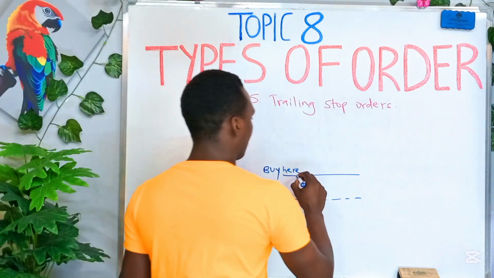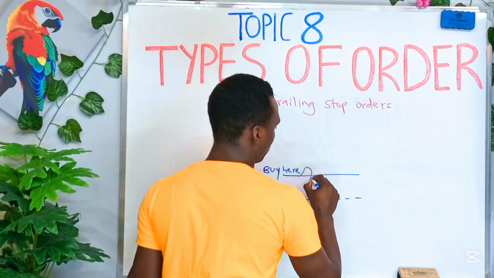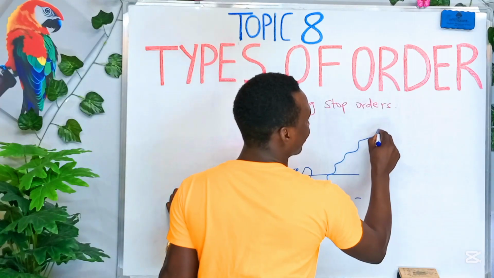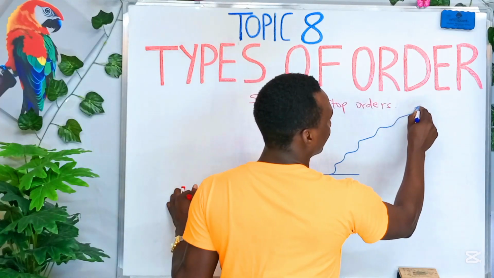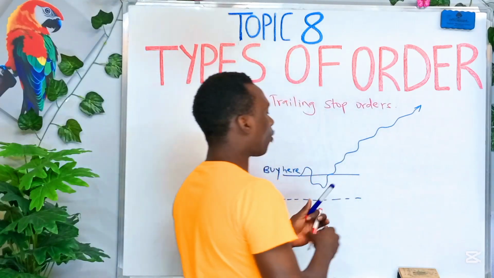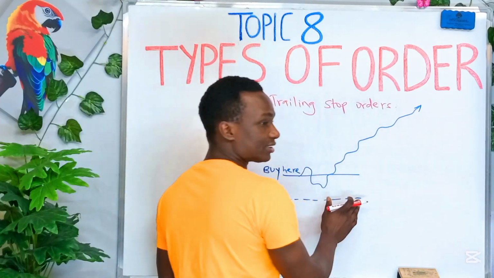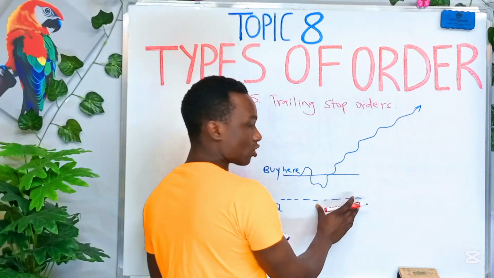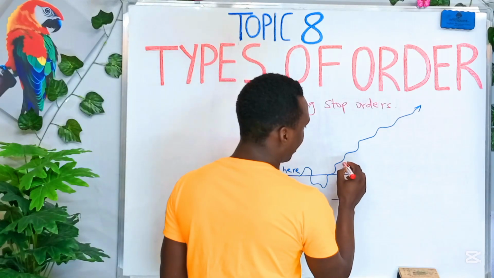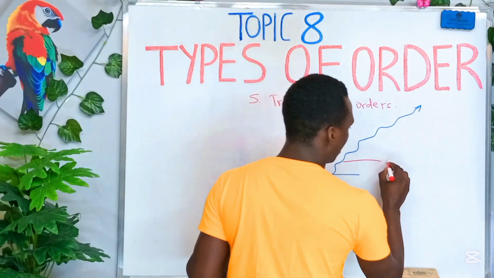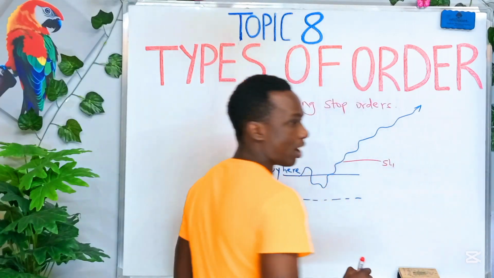Okay, the market decides to do this, and it is rallying above. Okay, so what a trailing stop does, it automatically shifts your stop loss order to, let's say, here above your entry. Okay, so this is our stop loss 1.